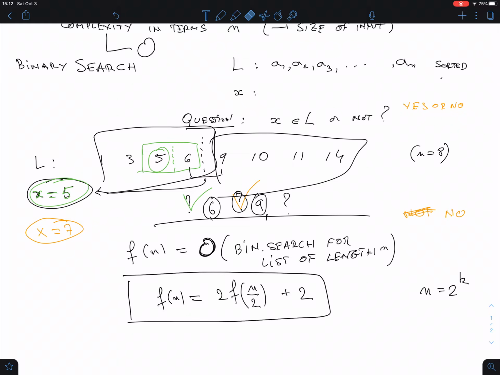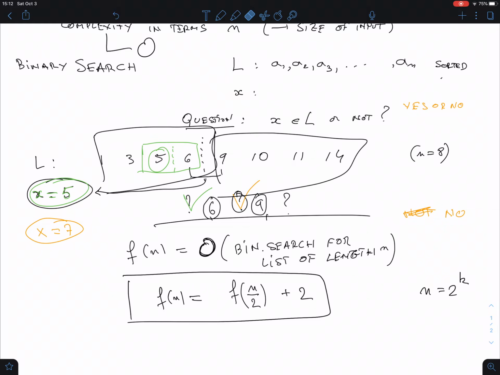Remember, when we were checking where our x is, in this particular case, it's either in the front part or in the back part. And it's only the part it's in that we have to solve. So I was wrong to say that we have to do this twice. We only have to do it once. So this number changes, okay?